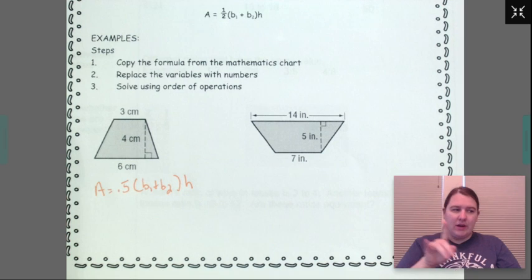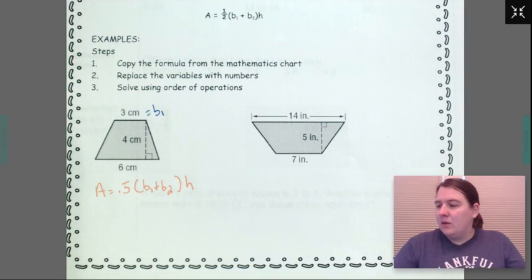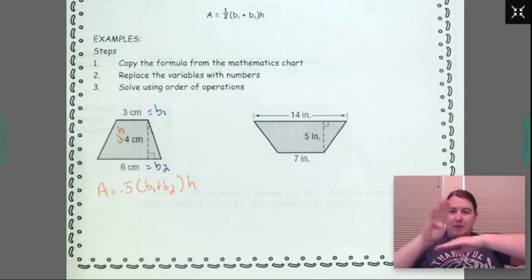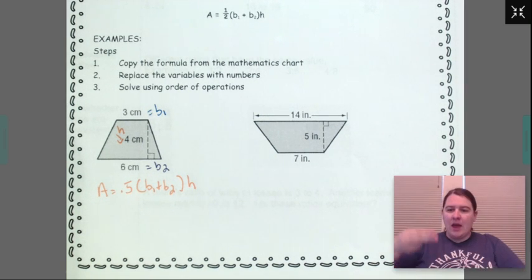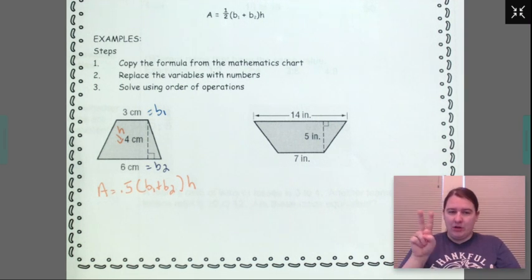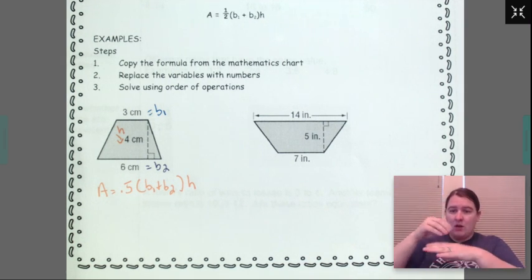My base 1, where is my base 1? So I've labeled base 1, base 2, height. So now I'm going to replace my variables with my numbers that I've located on the shape, the trapezoid.